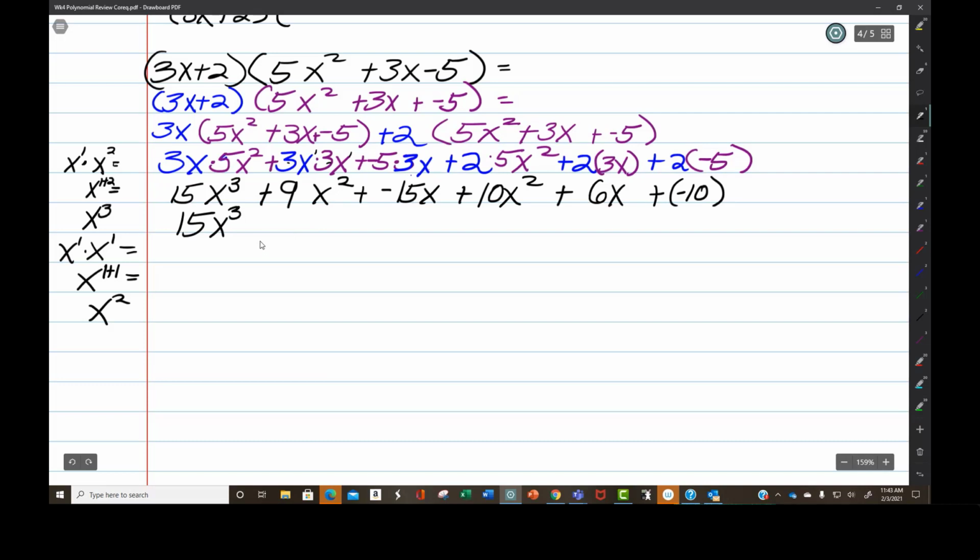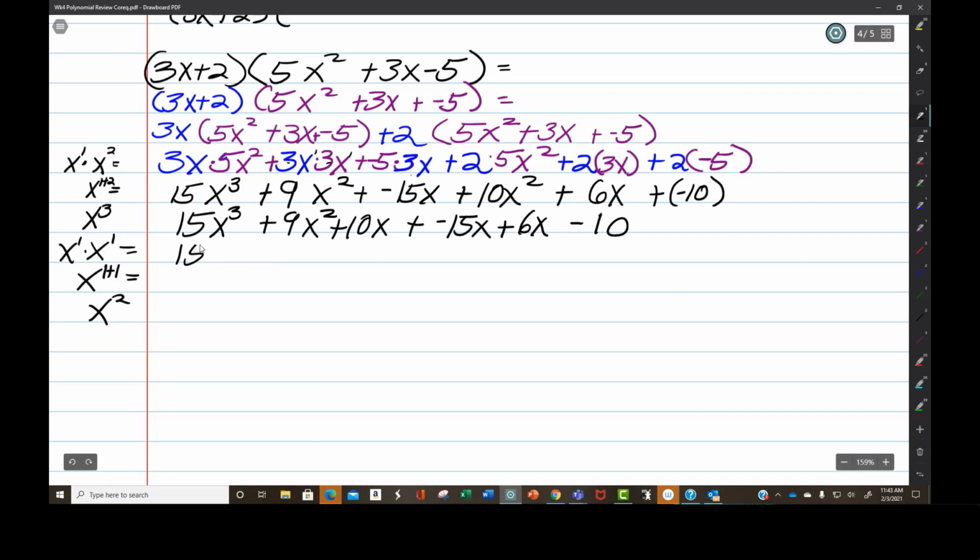Now we just combine our like terms. Plus 9x squared plus 10x squared plus negative 15x plus 6x plus negative 10, which is minus 10.